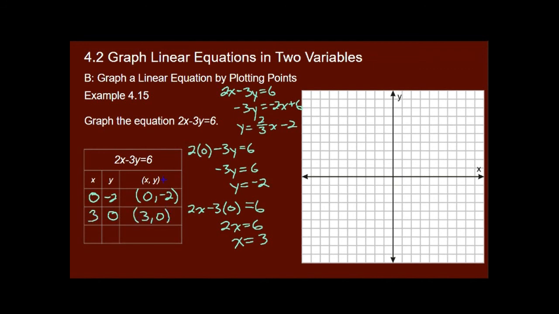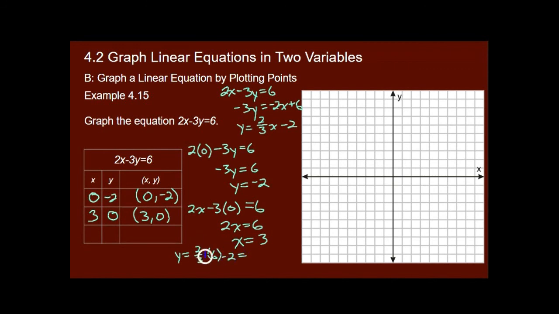Okay, and then I can pick any value I want for either of these, plug it in to double check. Since I already worked out my equation and set it equal to y, let's use this, and let's pick a multiple of the denominator, which is 3. We already used x equals 3, so let's use x equals 6. y is equal to 2/3 times 6 minus 2.